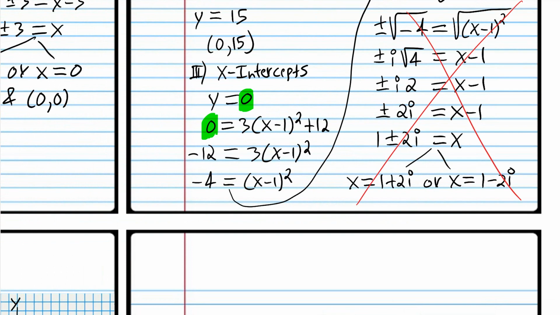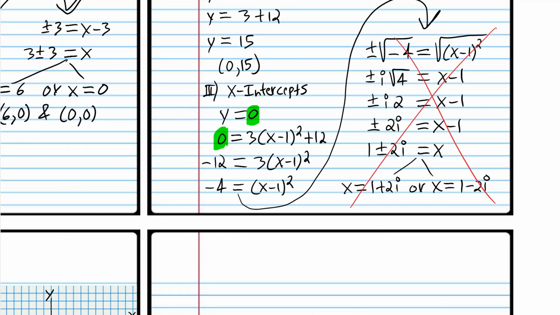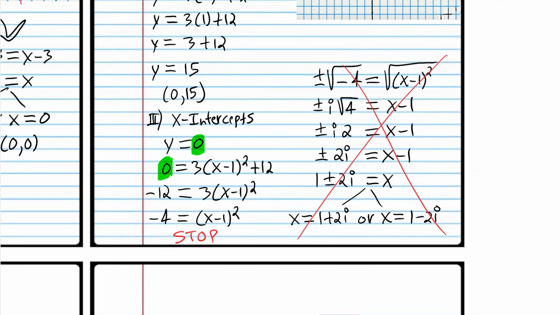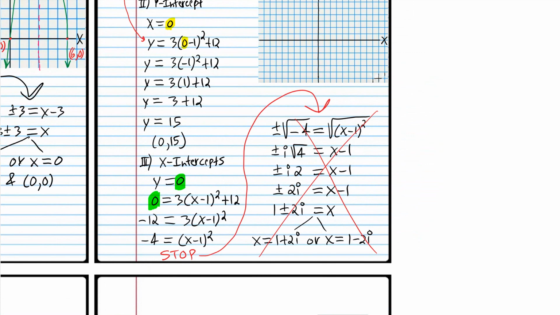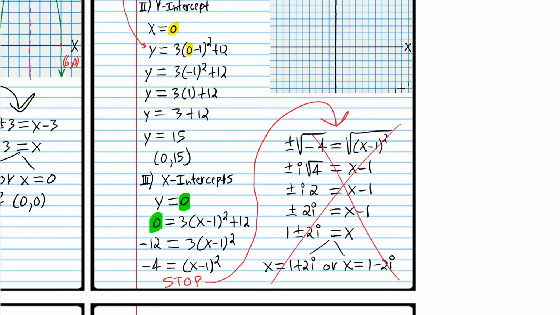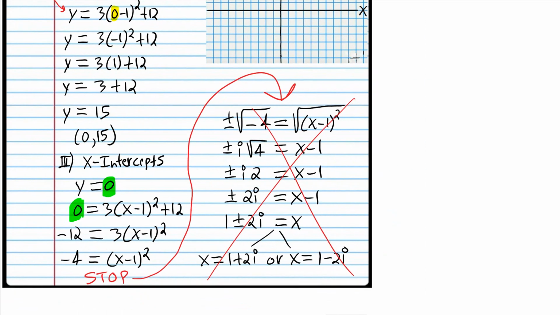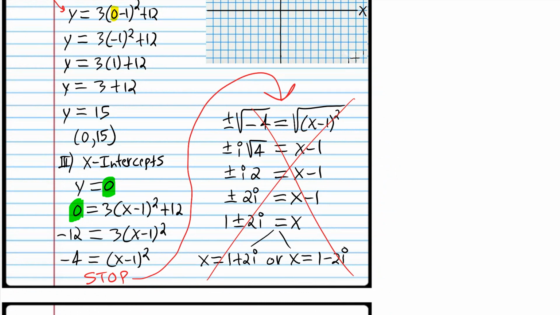So what I'm going to do is try to indicate here that you can stop. I'm going to put a big old stop word there, meaning you don't really have to do all this stuff. So our conclusion is that there are, I don't really have a lot of room to write, but I'm just going to say up here, no x-intercepts.